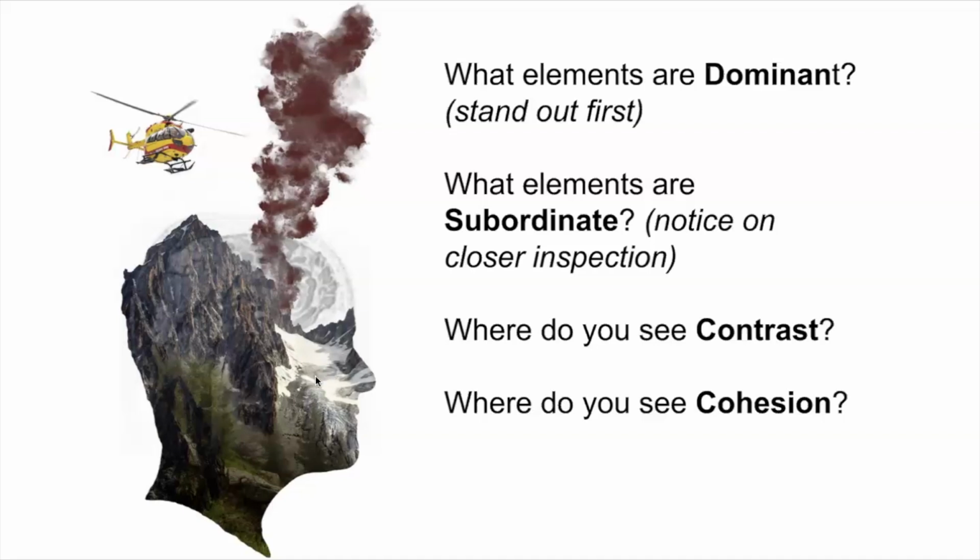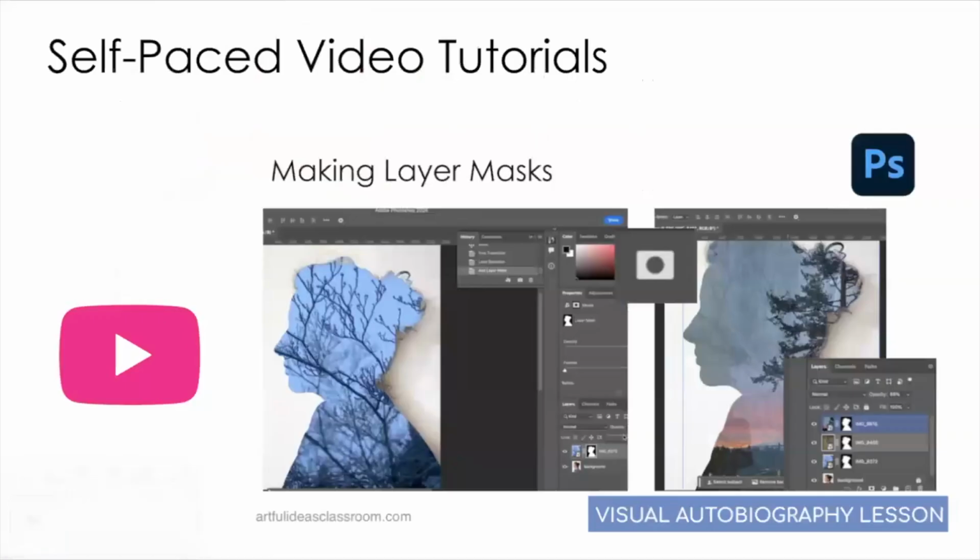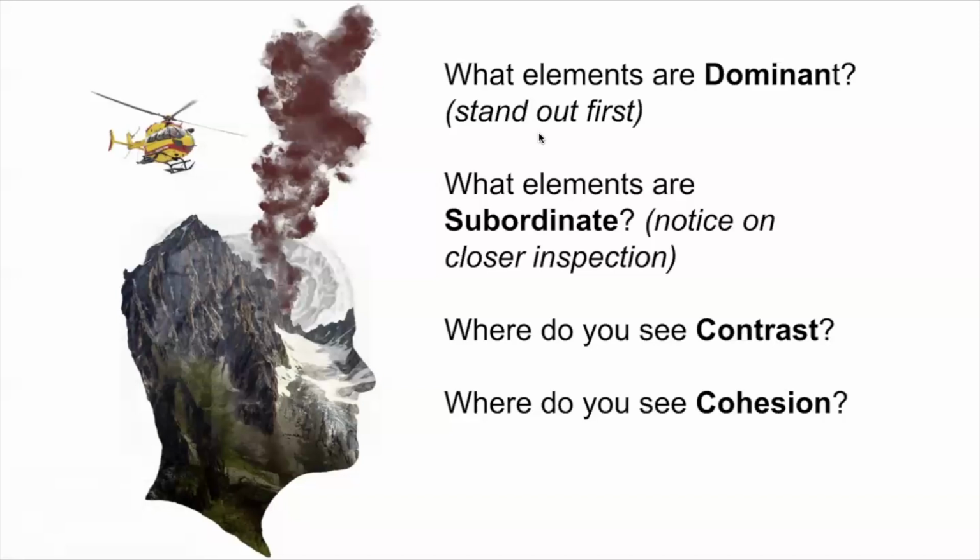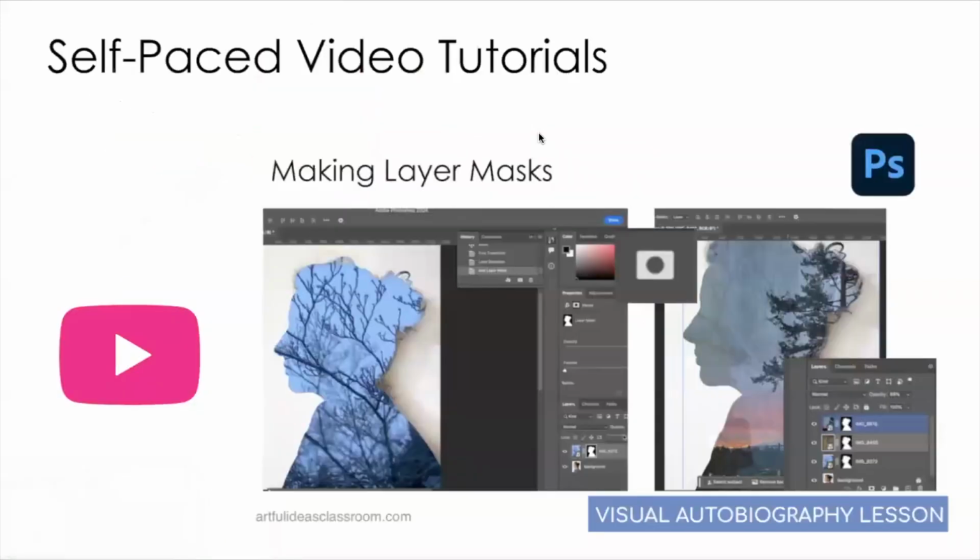It almost looks like the snow, and so it's hidden. So we talk about what stands out, that's dominant, and what's subordinate, that's more hidden. Students really latch onto that, and I find that is a helpful way to talk. If we are critiquing where they're going, I can say, oh, where can you add more contrast? Or where can you add more cohesion? It really does help when you're giving feedback.